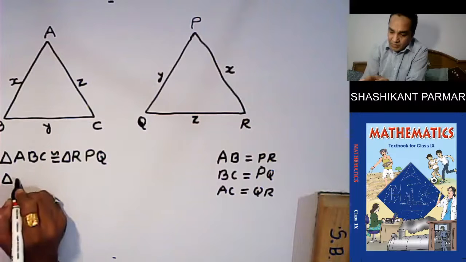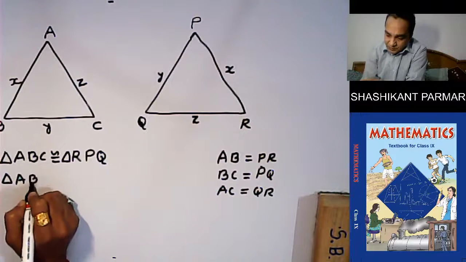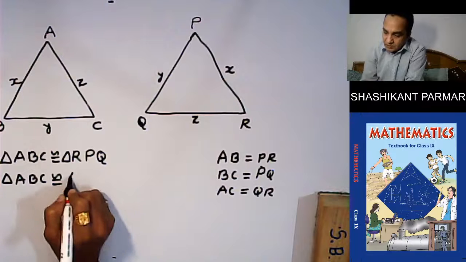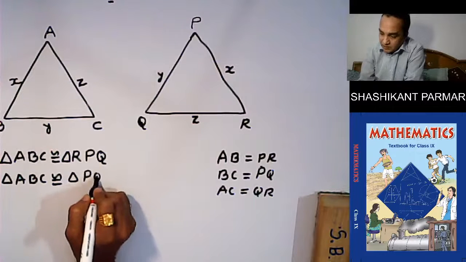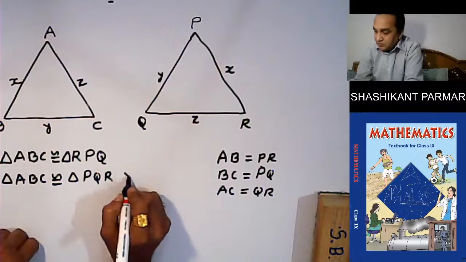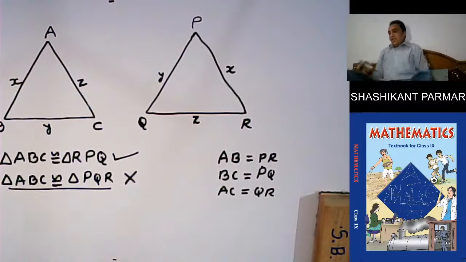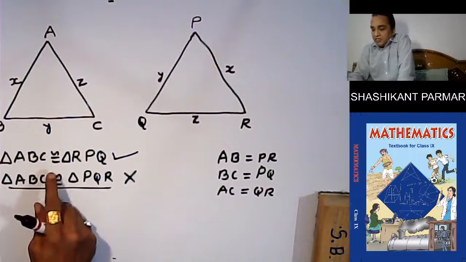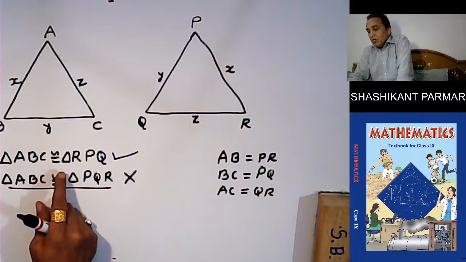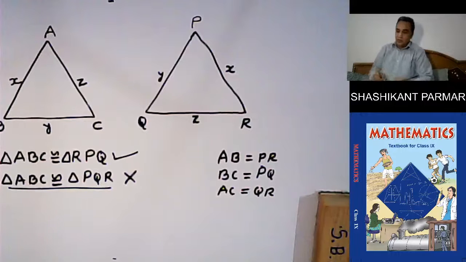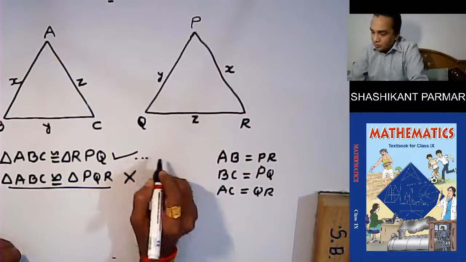If you write like this, this is wrong. We have already discussed this. So triangle ABC is congruent to triangle RPQ by this rule.